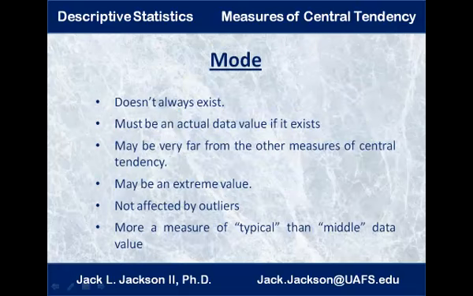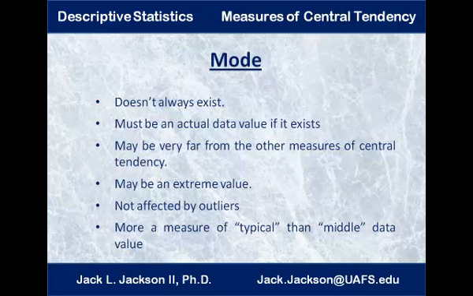So notice the mode does not always exist, but it must be an actual data value if it does exist. It may be very far from the other measures of central tendency. For example, it could be an extreme value. It could be the highest one, the lowest one, or any one in between. What it is, is the one that occurs the most often. It's not really affected by outliers.